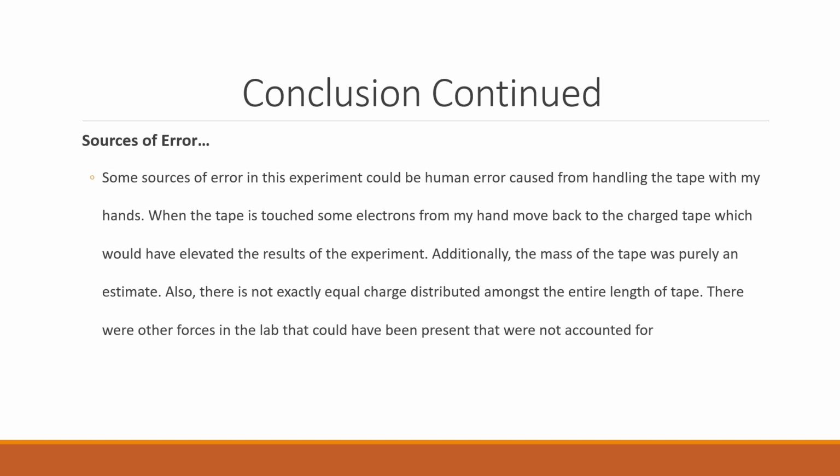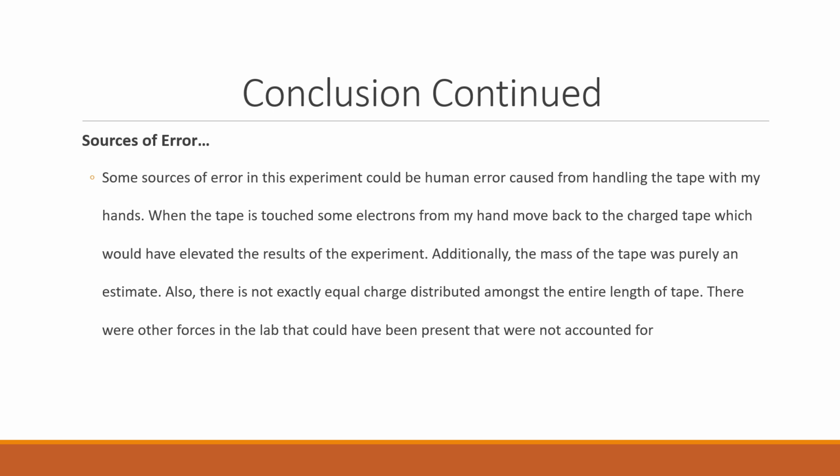Some sources of error in the experiment would be human error from handling the tape or touching any other object and either adding or losing electrons to the tape. And the mass of the tape was also just an estimate entirely. We actually did not measure the mass of the tape.